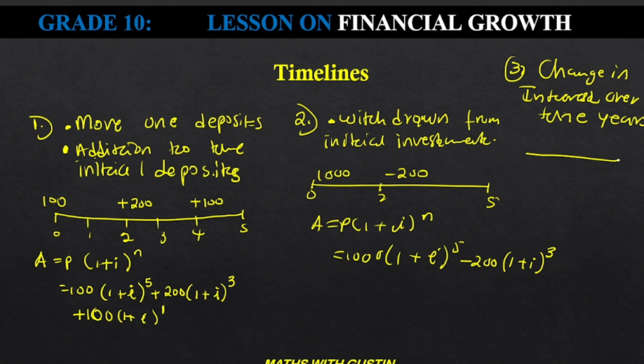All right, let's say you've got the timeline there. You've got 5 years here. You've got 100 rand you deposited. So after 2 years, the interest changes. Let's say for an example, the interest was 8.5%.